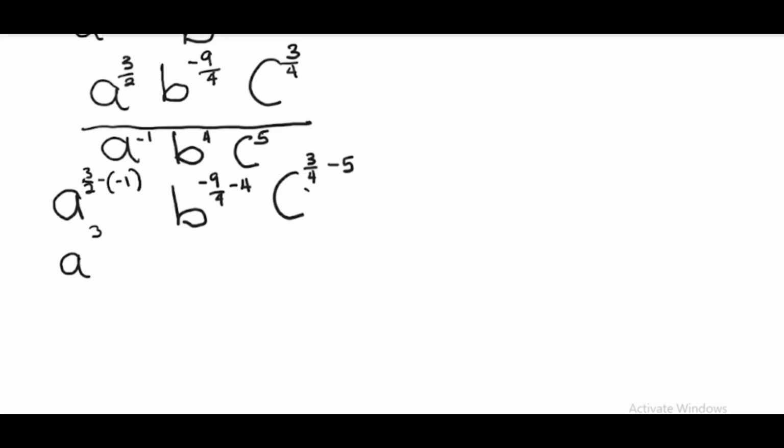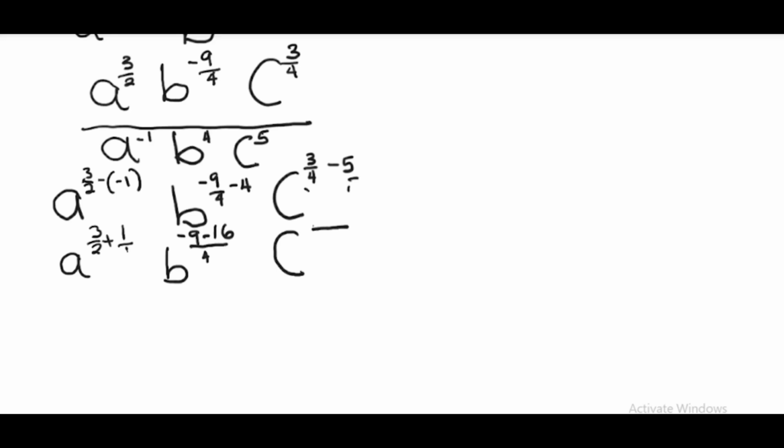Okay. Then for this one, we have b to the power of, let's take LCM. We have minus 9 minus 16. For this one also, we'll take LCM. The LCM of the denominator is 4. LCM of 4 and 1 is 4. So here we also have 3 minus 20.